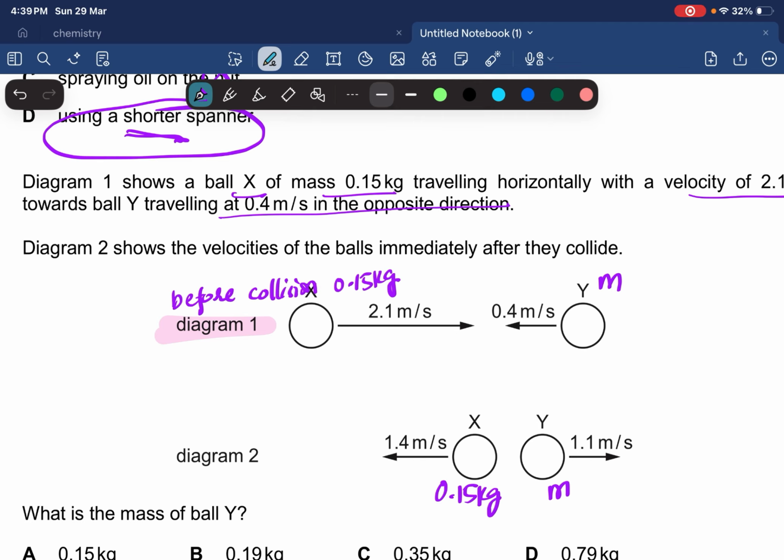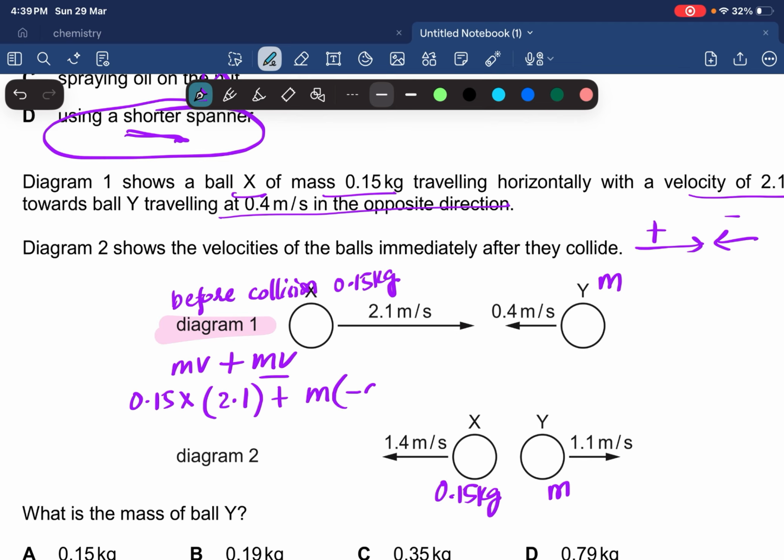Momentum equals mass times velocity plus mass times velocity of the second ball. I'm considering right to be positive and left to be negative. So the mass is 0.15 multiplied by the velocity towards the right, 2.1, plus mass m multiplied by the velocity towards the left, negative 0.4 meters per second.